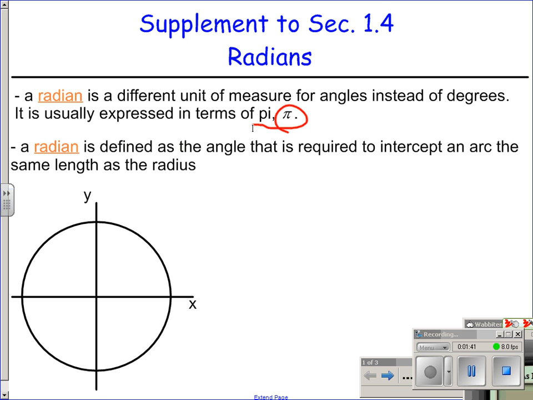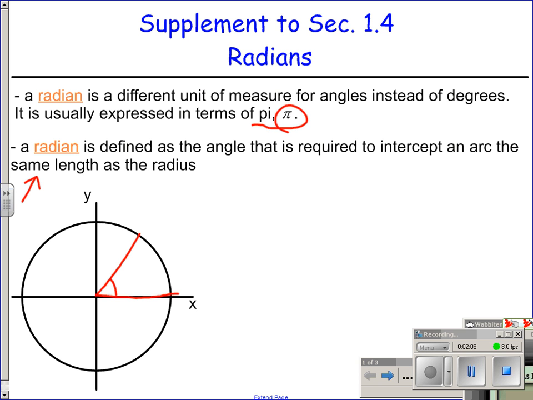All right, here is your definition for a radian. It's defined as the angle that is required to intercept an arc the same length as the radius. What that means is, if we start here on the positive x-axis, go to the origin, come out here, here is this angle.